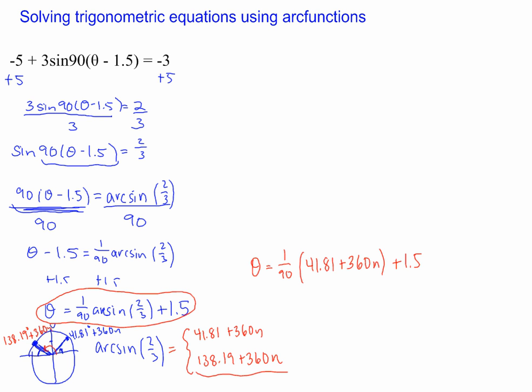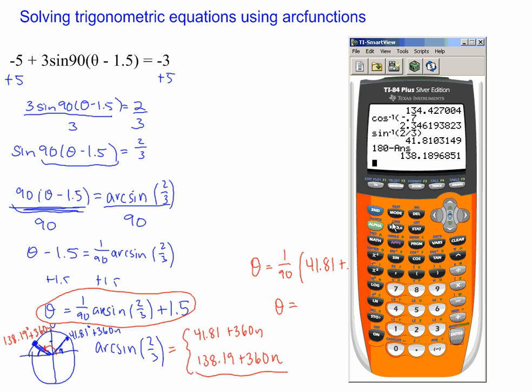All I need to do now is simplify this equation on the right-hand side. So I'm going to distribute this 1/90th. I'm going to get theta is equal to 41.81 divided by 90. I could have stored this on my calculator, but I'm just going to recalculate it using inverse sine.